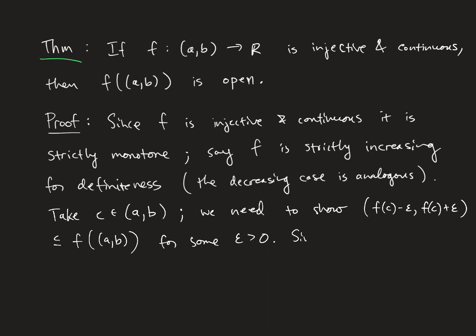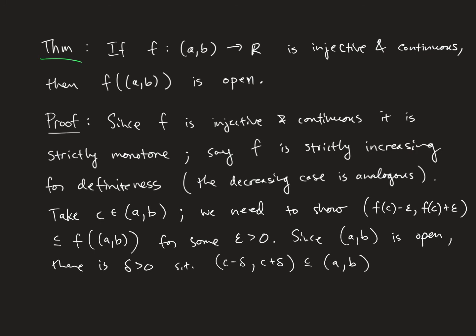Okay, so since the interval AB is open, there is a delta greater than 0 such that the interval C minus delta, C plus delta is sitting inside AB. And these C minus delta, C plus delta, this could be A and this could be B, so we can't really consider F of those, but we can consider C plus delta over 2 and C minus delta over 2.